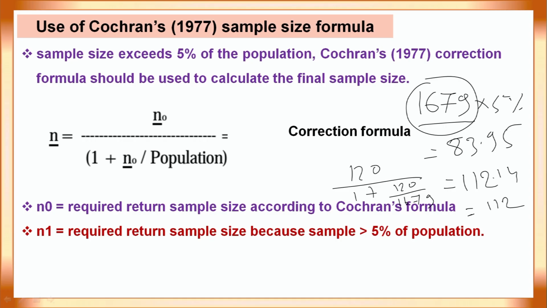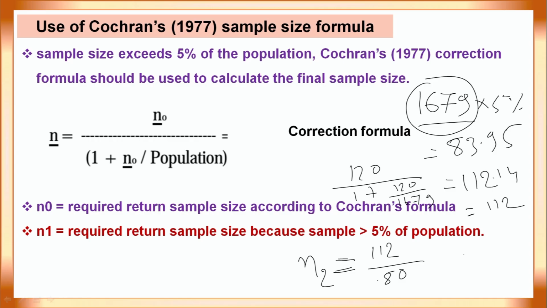Now, just assume that maybe in your research you know that there will be an 80% response rate. Non-response rate should be adjusted for. Okay. So, response rate is 80%. Now, you have to arrive at this non-response rate adjusted sample size. So, what will be that? That will be n1, that is 112 divided by 0.80, as there is an 80% response rate.